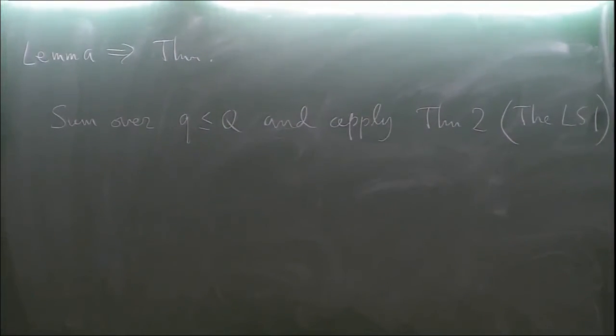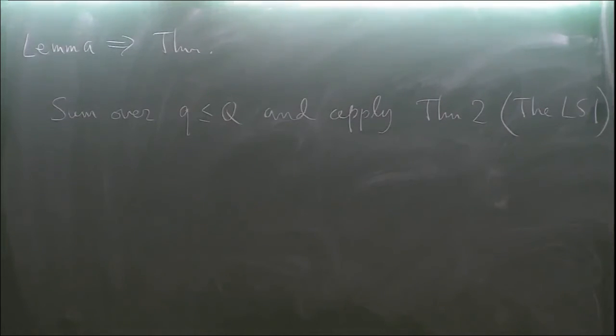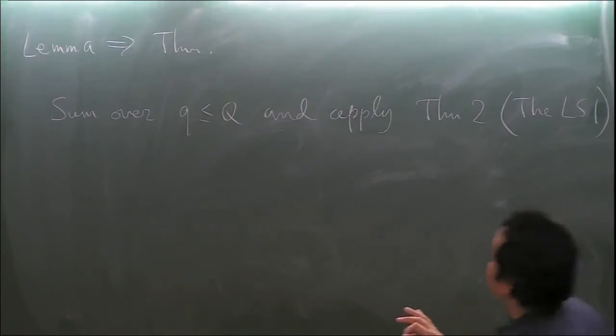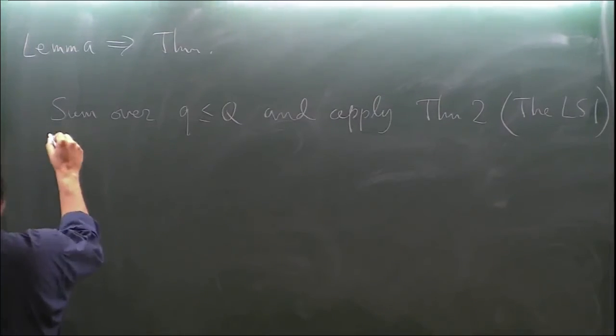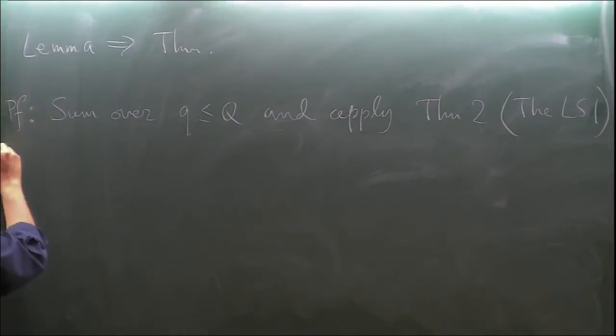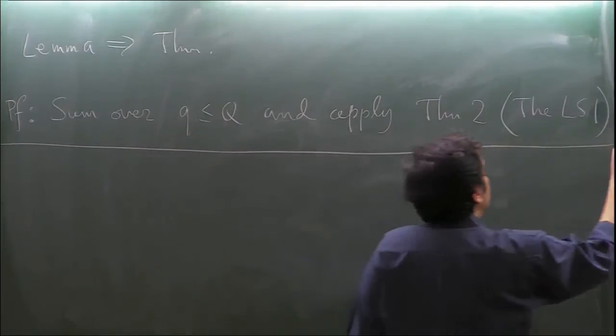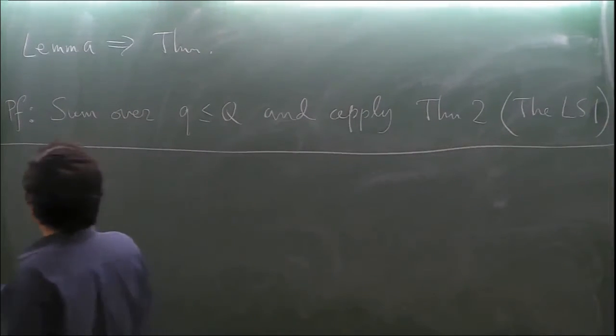And when you sum over q, this is precisely the summation of a n e of n a by q. So I can apply the arithmetic large sieve, and that will give you the bound Q squared plus capital N times the sum of f n squared. So this immediately gives the theorem. Therefore, we only need to prove the lemma.